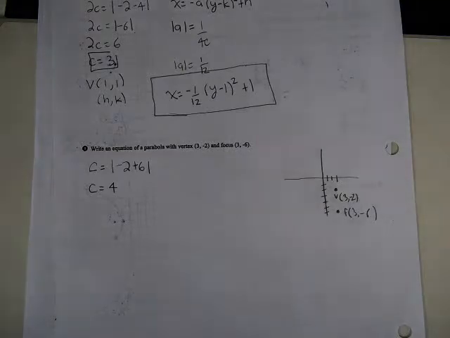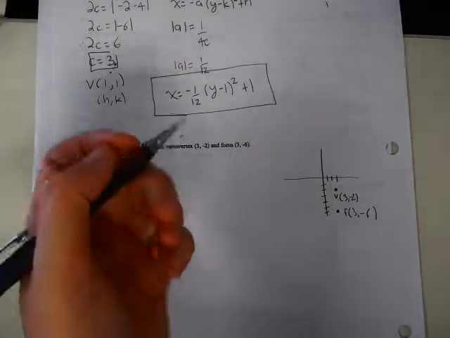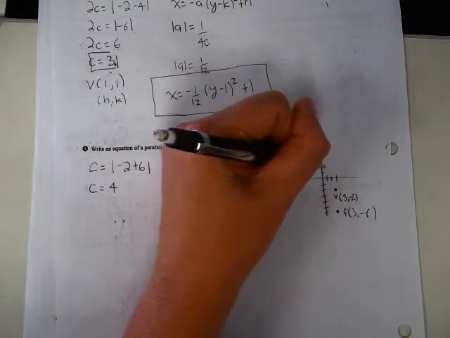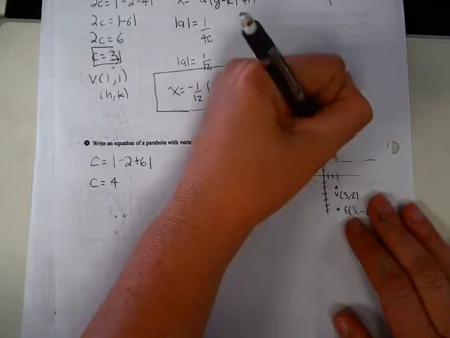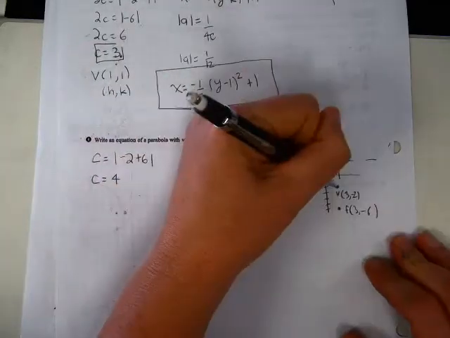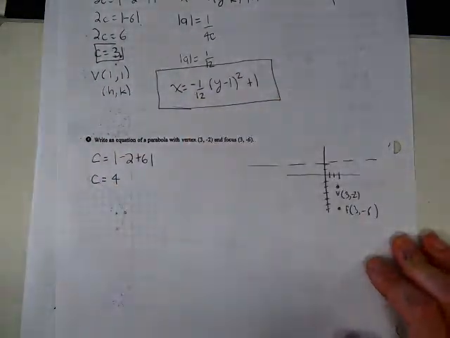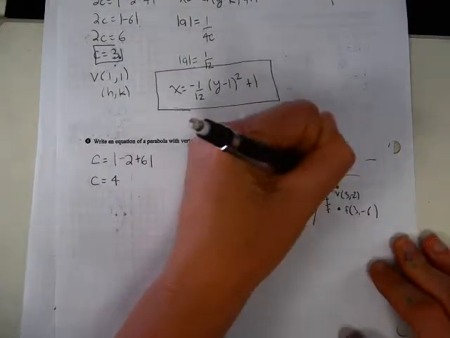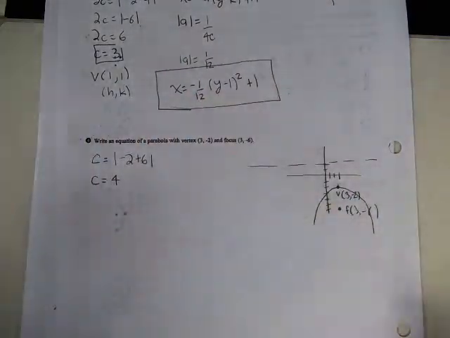So that means my directrix will be 4 units up from the vertex. I'm not going to need that for this problem, but for practice, that's plotted anyway. So 1, 2, 3, 4. And they're not asking me to graph it, but I'm just going to draw something in so I have an idea of what I'm looking at.